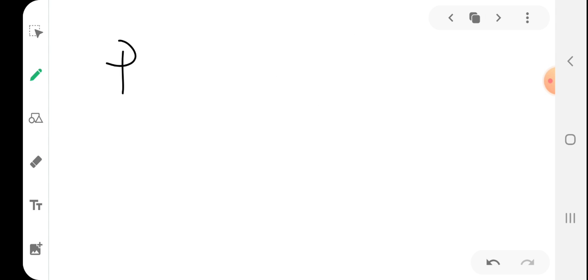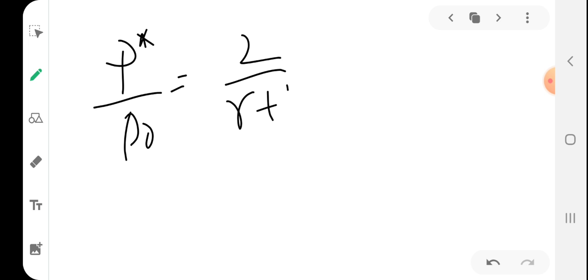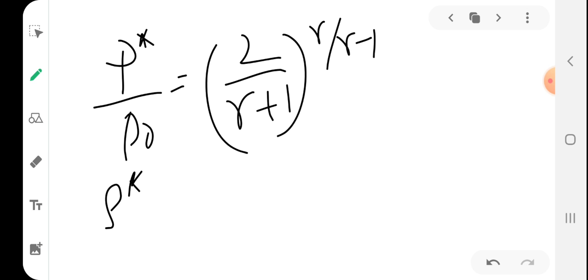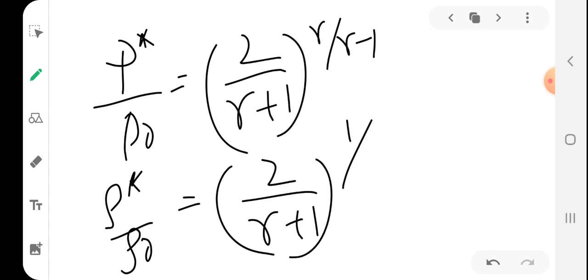Similarly, P star by P0 will become 2 by gamma plus 1 raised to gamma by gamma minus 1. Similarly, rho star by rho 0 will become 2 by gamma plus 1 raised to 1 by gamma minus 1. So this is the relationship between stagnation properties and critical properties.